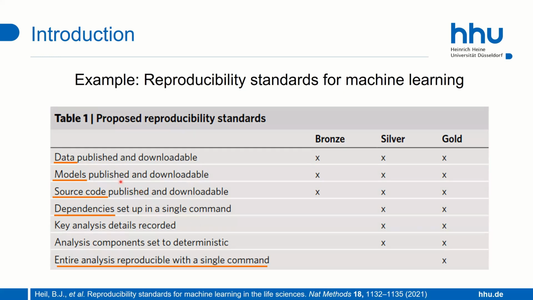I find it very interesting that they do not only consider data models and source code, for example, as a requirement, but for actually getting from findable and accessible data to data that is interoperable, you at least need to specify the dependencies. But the gold mark you only get if your data is reproducible. And they require this, in essence, by a single command, more or less pressing a button, to be able to reproduce the numbers that have been published in the paper. And that is what FAIR could mean.